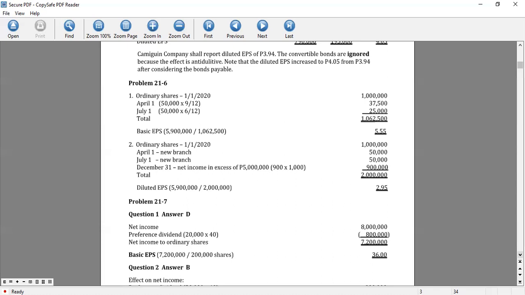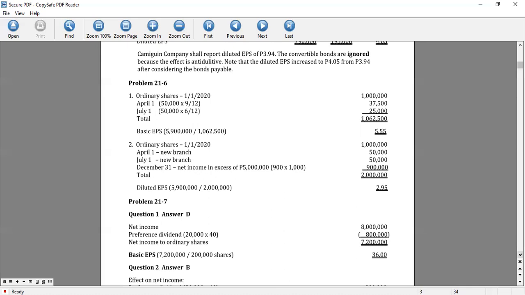So we have now the ordinary shares on January 1, 2020, which gives 1 million. Then on April 1, the 50,000 shares times 2/5.